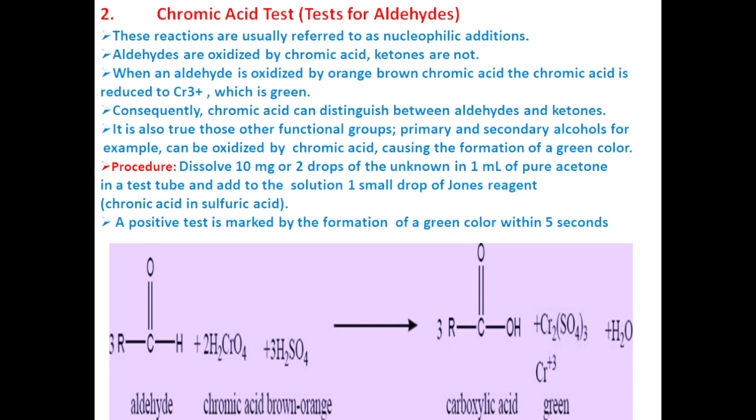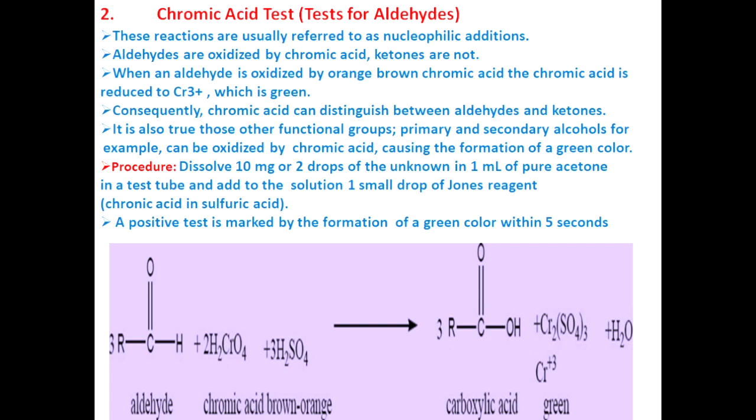Now, the second test is the chromic acid test for aldehyde. We very well know that aldehydes are the functional group which undergo oxidation to give carboxylic acid, and that chromic acid is an oxidizing agent. So by reacting with chromic acid, if any aldehyde is there, it will convert into the corresponding acid.